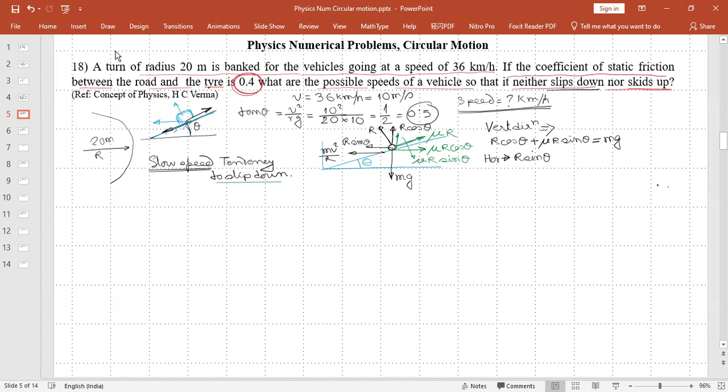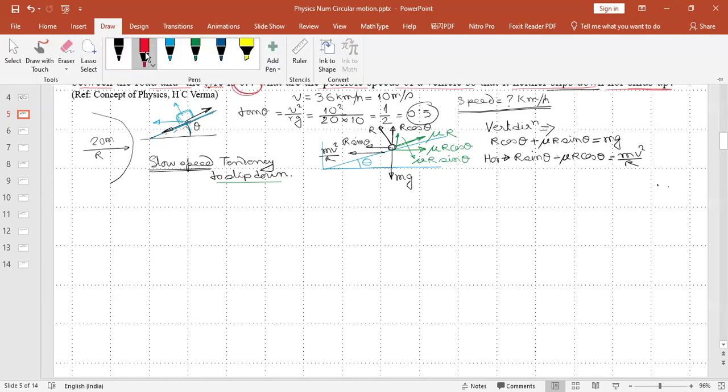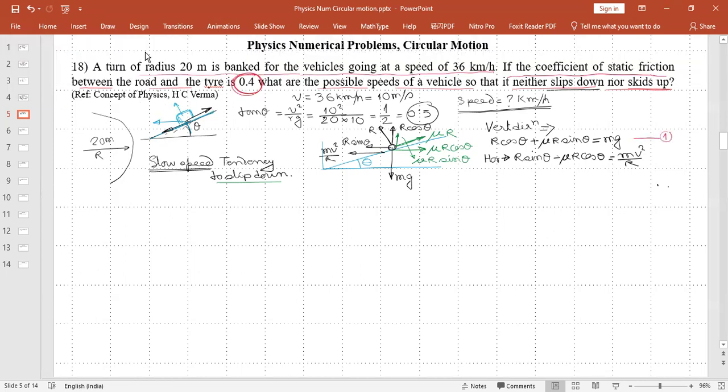So R sin theta minus, in the opposite direction, mu R cos theta will be equal to mv square by r. Once you have written these force equations properly, then everything is done. Let us write down this equation as equation 1 and this equation as equation 2.